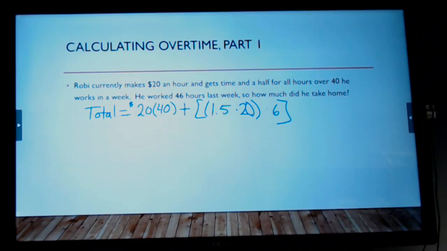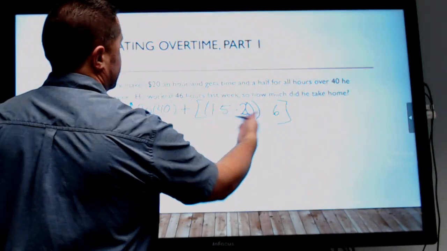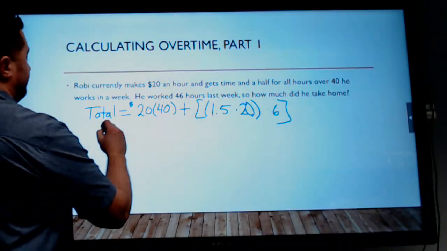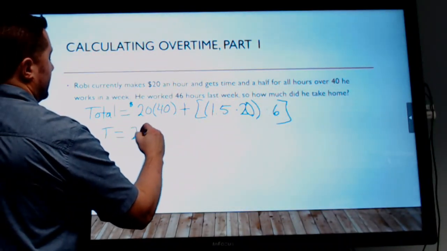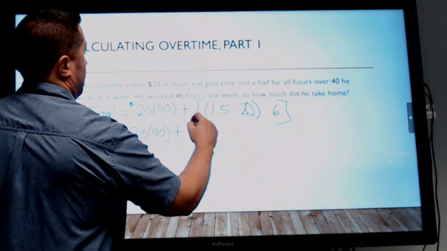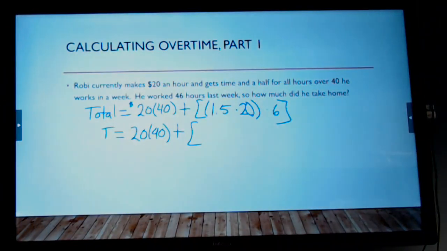Okay. So now it is a super ugly order of operations problem. Don't even worry about the 20 and 40 just yet, because the first thing we got to take care of is these brackets and parentheses over here. So go ahead and figure out what 1.5 times 20 is.